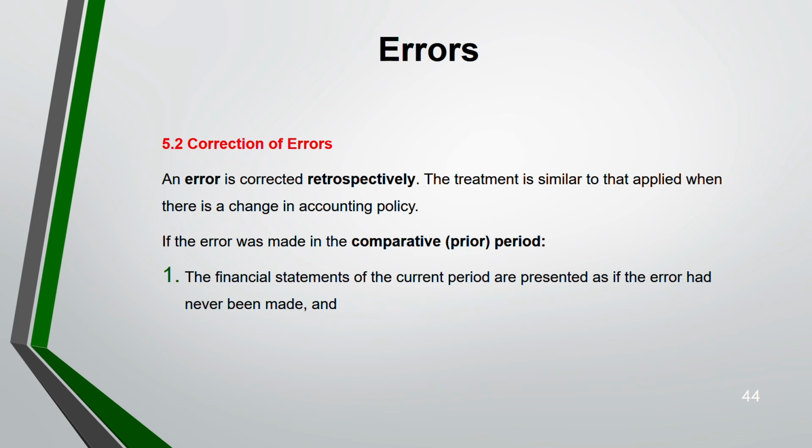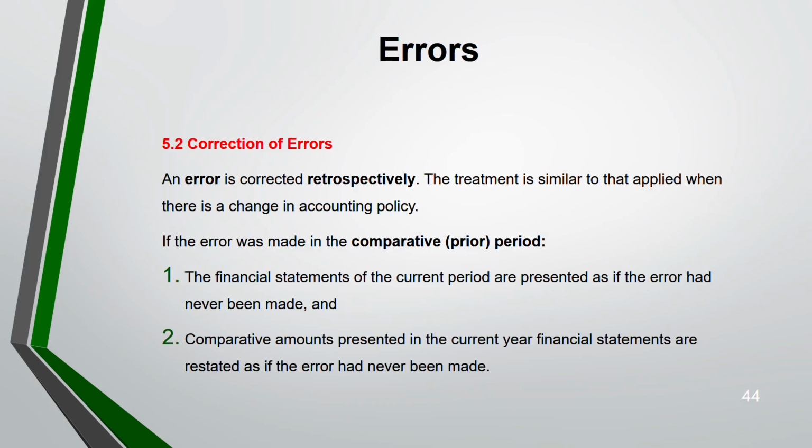First, your financial statements of the current year are presented as if the error had never been made. And your comparative amounts presented in your current year financial statements are restated as if the error had never been made. So two things, current year, comparative amount, both are restated.